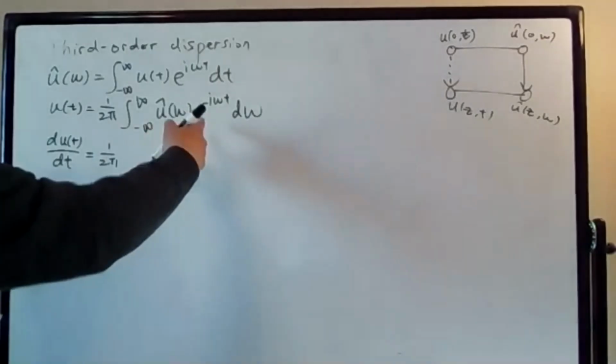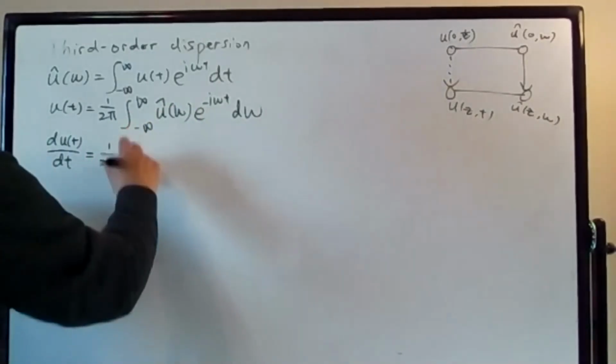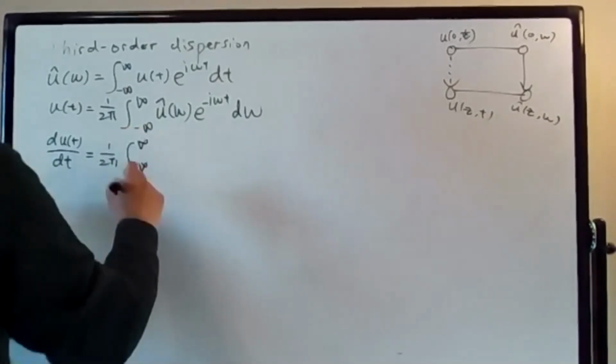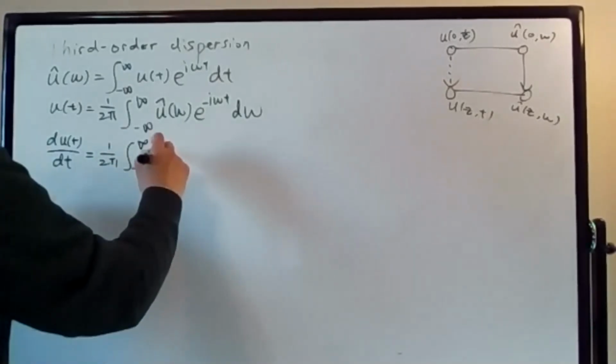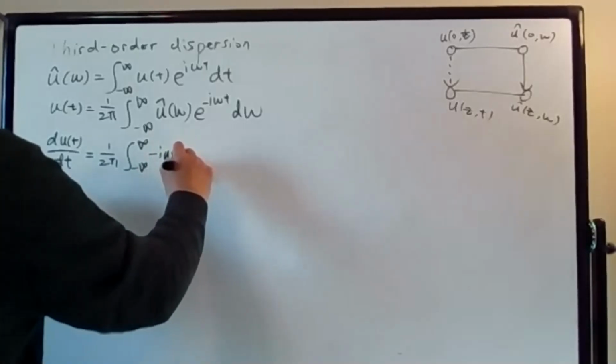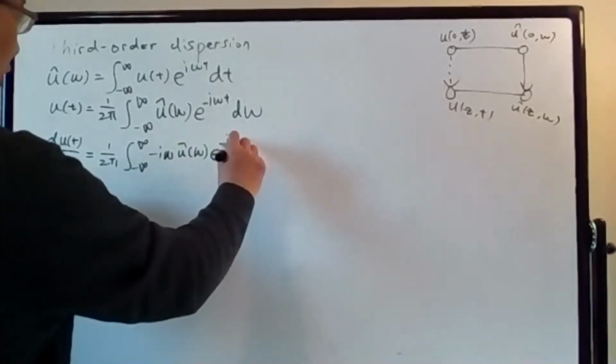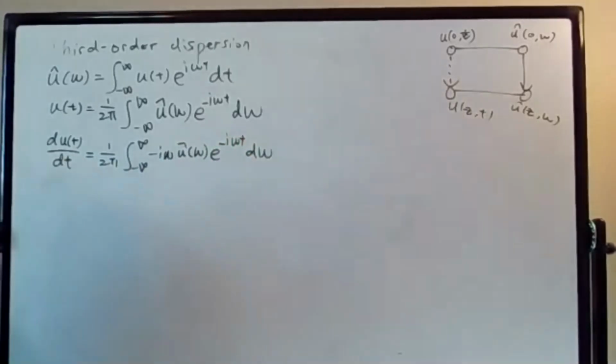So we just move down the negative i omega, inside the integral from negative infinity to infinity, negative i omega u tilde omega exponential negative i omega t d omega. Please feel free to interrupt me if you have any questions.